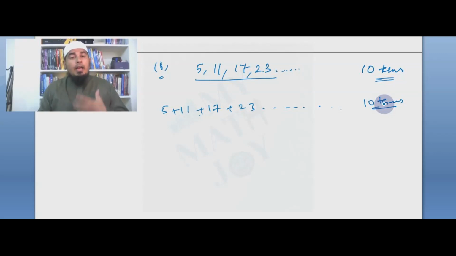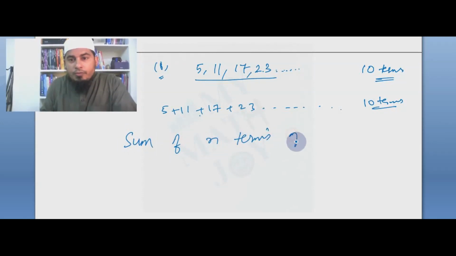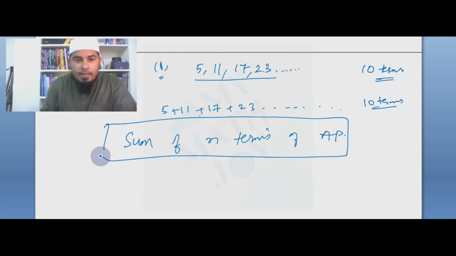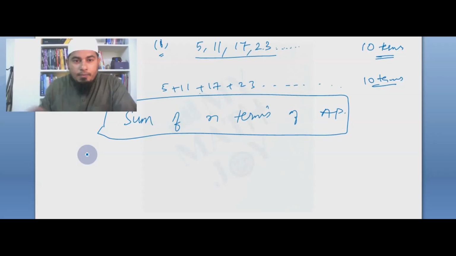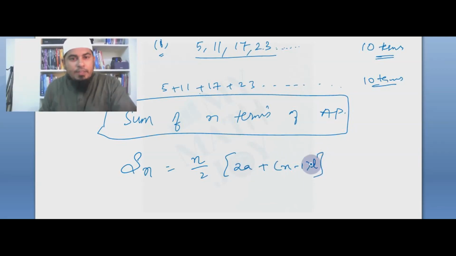So here arithmetic progression has brought us the formula for the sum of n terms of an AP. The sum of n terms of the AP will be given directly by the formula Sn, that is n by 2 into 2a plus n minus 1 into d. The derivation part exactly we'll do in our actual chapter.